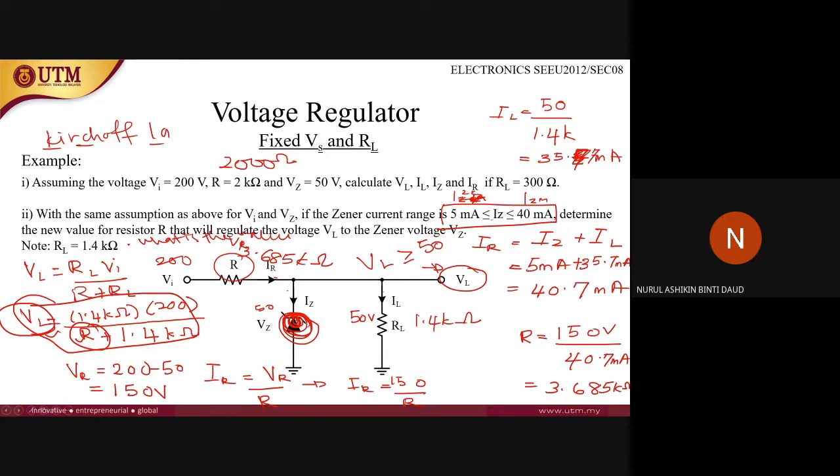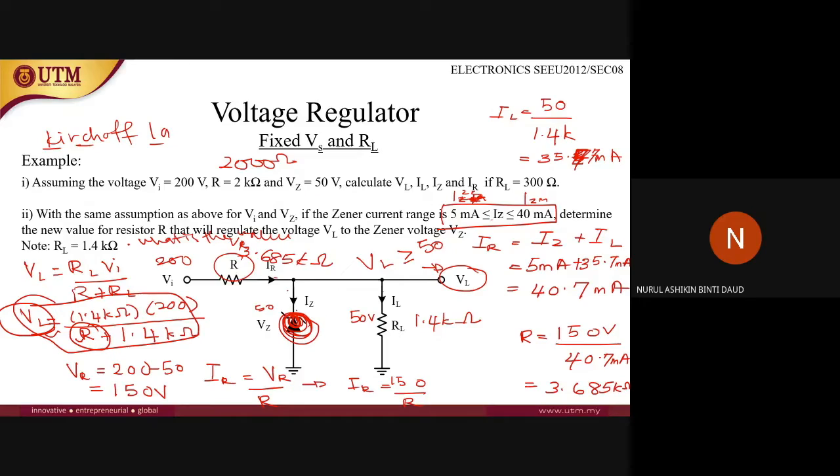Why can we not substitute 50 as VL? As I mentioned just now, VL has a very wide range of values. The minimum is 50 for this VZ to work, but we don't know if it is exactly 50 or not.